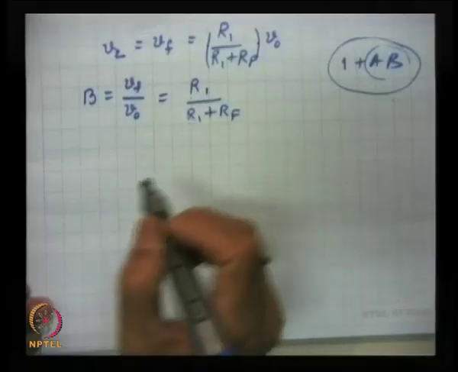This is the gain of the feedback network.